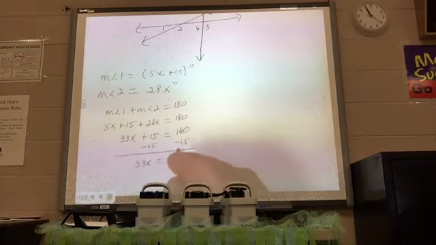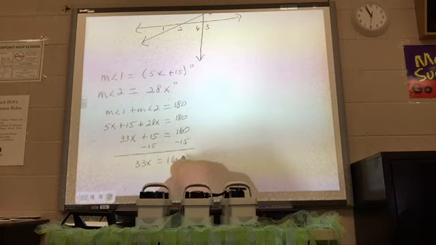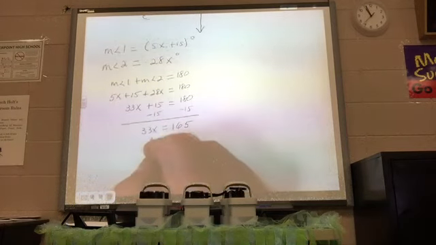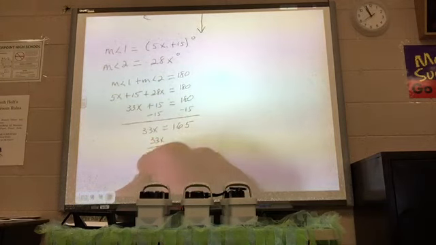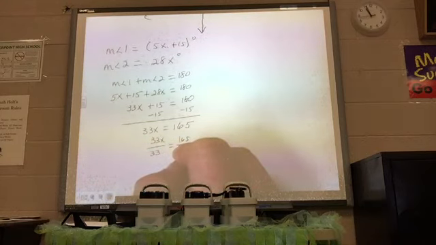What is 180 minus 15? 160. 65. All right, it's 165. Divide both sides by the coefficient. And we said it was what?